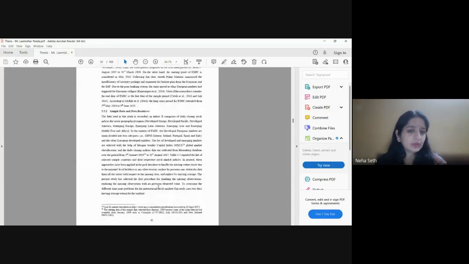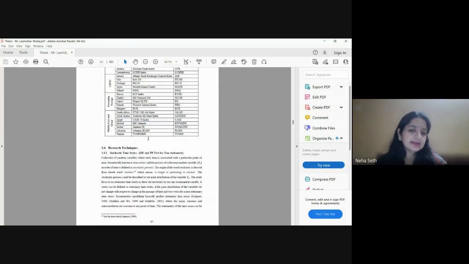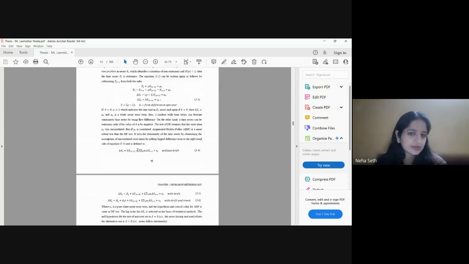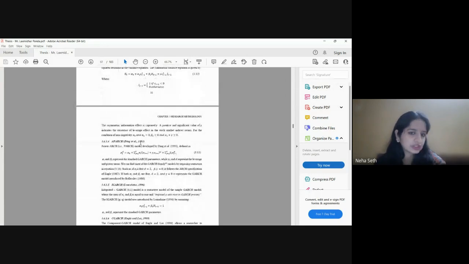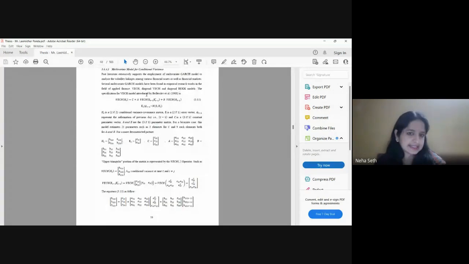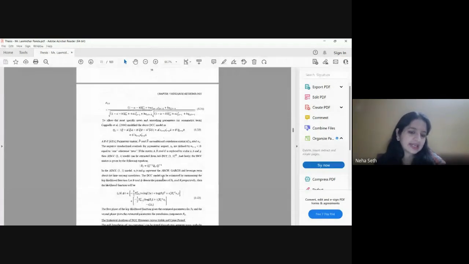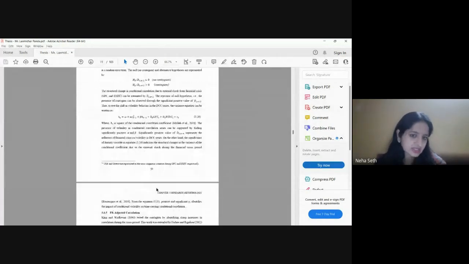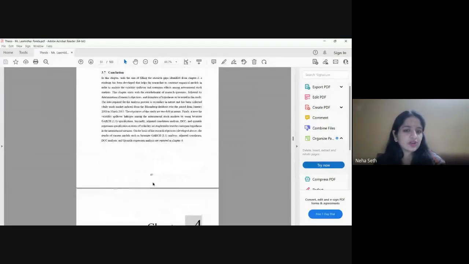For this thesis, these are the data because these are the markets that we have considered for the study. What are the techniques and tools that we are using? This person has used software for the purpose of analysis, and these are the tests: multivariate model, ARCH model. These are the various models that were used in this thesis for analysis. So this was our research methodology chapter.